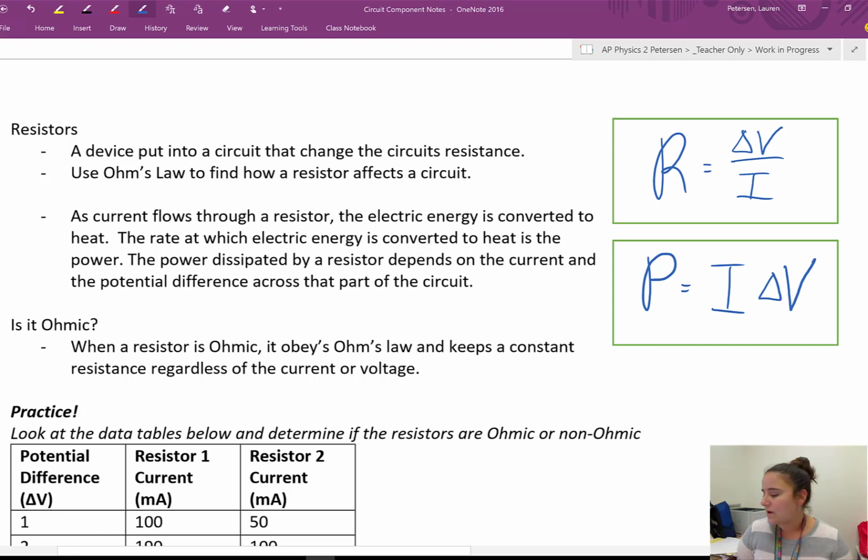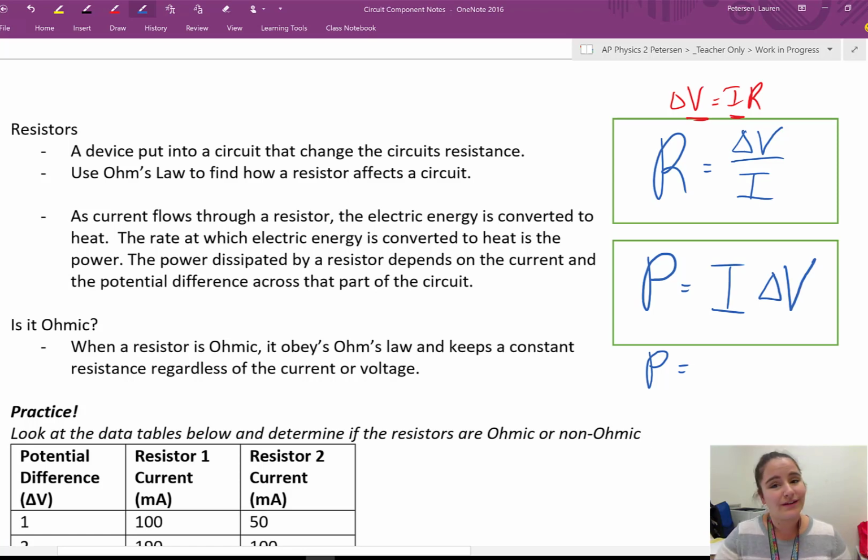Okay, so on your AP Physics 2 equation sheet, it is written as power equals current times the change in voltage. Now, often you'll see this in a couple different ways, because remember, we have Ohm's law, so we can represent current or voltage in a number of different ways. You could also rewrite this equation by subbing in delta V equals IR.